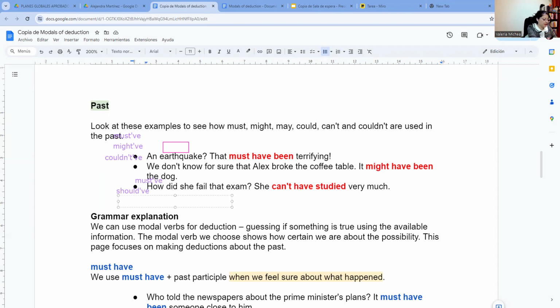Finally, we have may have. We don't write it like that in real life, so don't copy my examples for writing. I'm just copying it the way it sounds, okay? But it's not correct to write it like this. Again, may have.